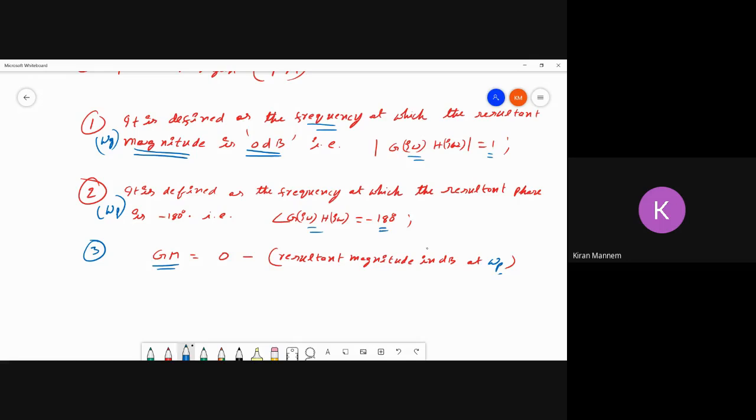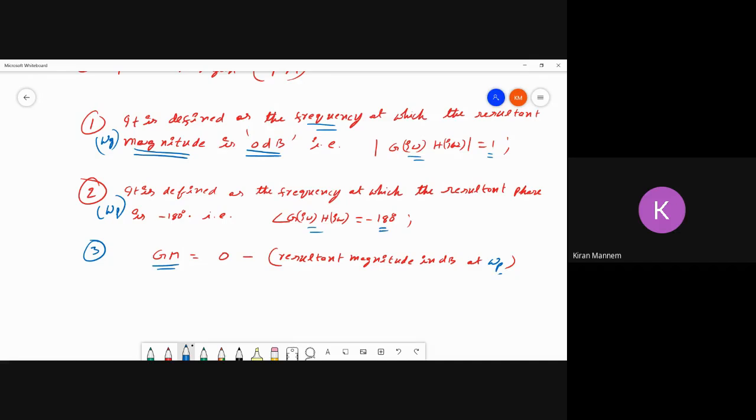Here to omega p. Simply, you take the difference between the 0 dB line, and you draw a line from the phase crossover frequency to your magnitude. You take the difference, you'll get the gain margin. And also remember, for a stable system, your gain margin is always a positive value.